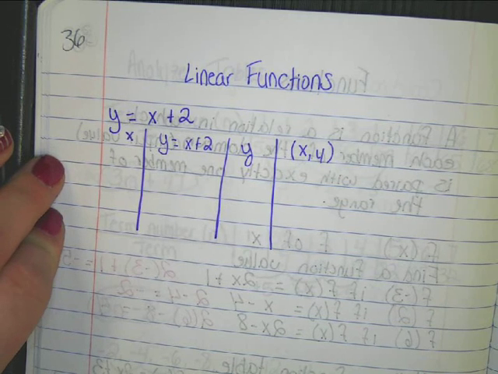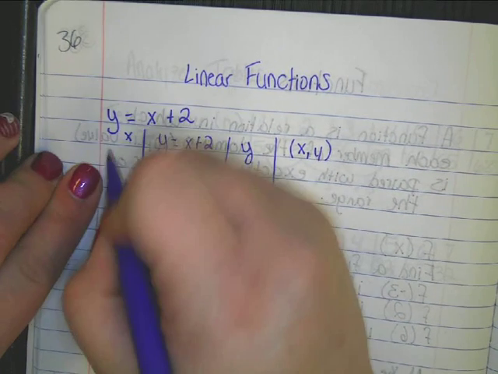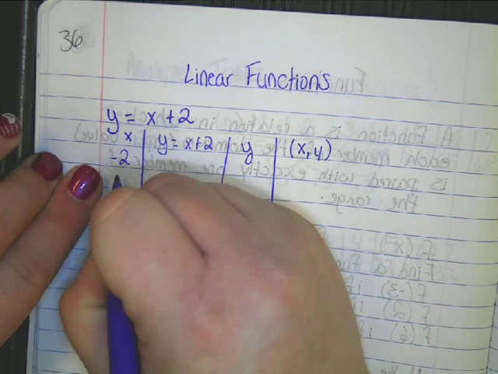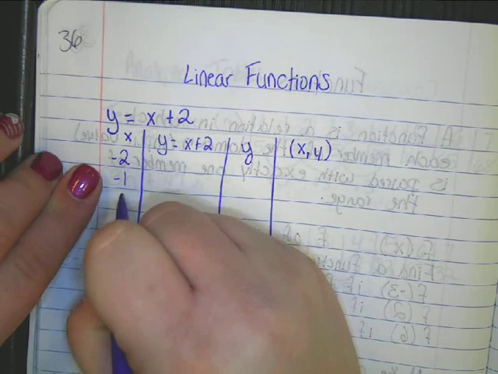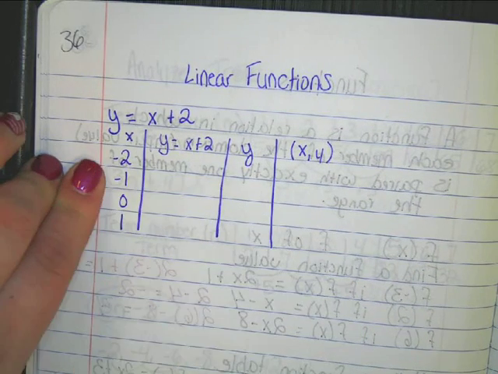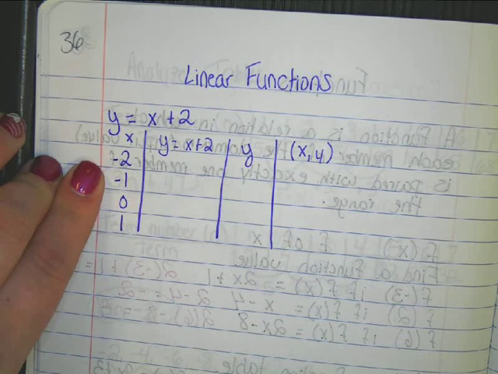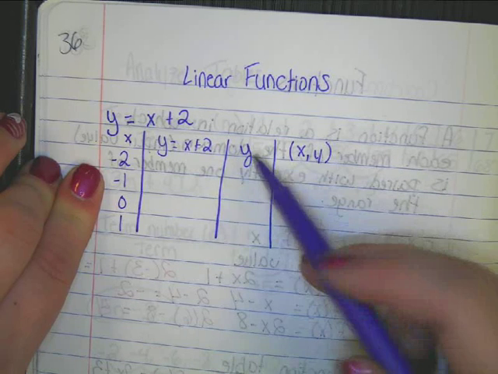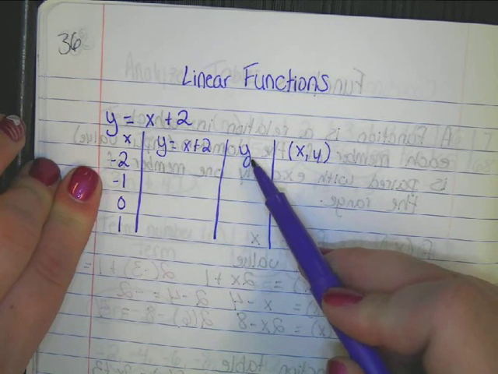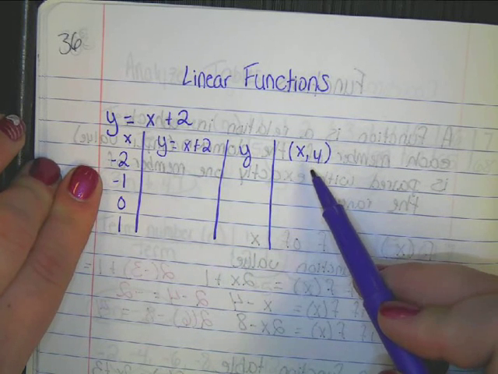So you're still going to use your x values of -2, -1, 0, 1. Okay, so the only things that have changed so far is f of x changed to a y now, and we added an xy column.